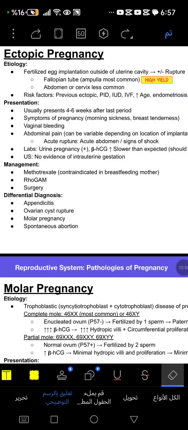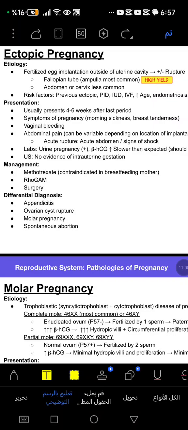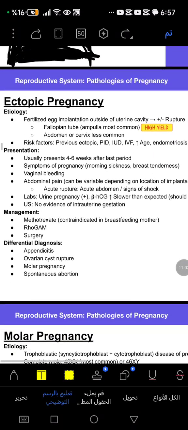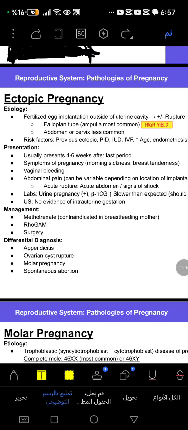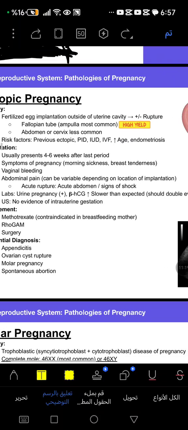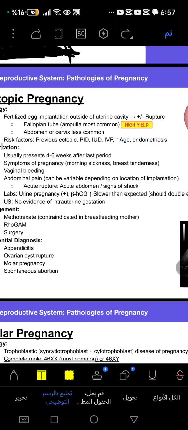A quick review. Ectopic pregnancy is known as extrauterine pregnancy. The location where it most commonly occurs is the fallopian tube, sometimes the cervix. What are the risk factors? Patients with pelvic inflammatory disease, PID, IUD, IVF, and endometriosis.